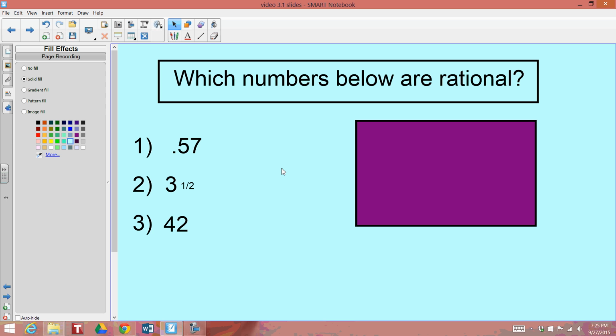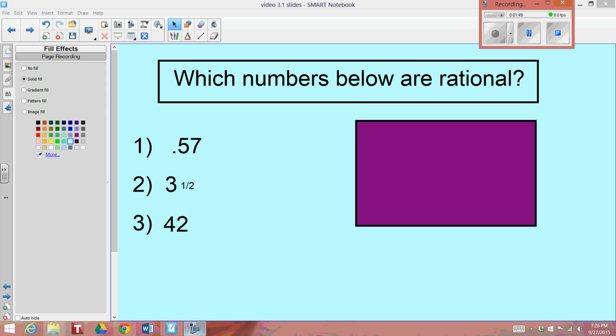And then the third one is 42. Can I write that as a fraction? Why don't you take a minute to scrap some notes down and see if you can change all three of these into fractions. The one that can't be changed into a fraction is obviously not rational.